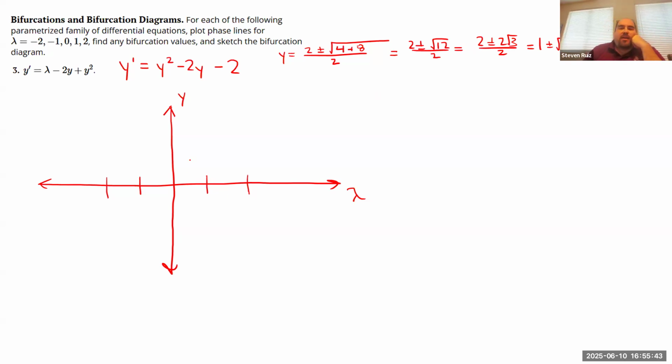So those are about where? So 1 plus radical 3, that's about, not quite 3. So let's draw our scale here. 1, 2, 3. So when lambda equals -2, I have an equilibrium point here. Actually, let's draw a phase line.